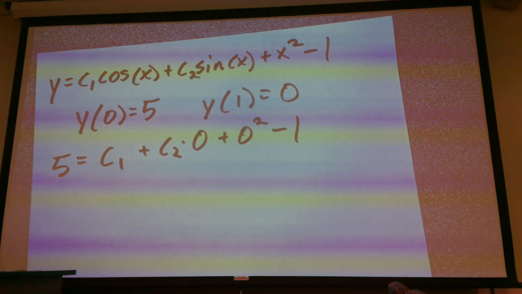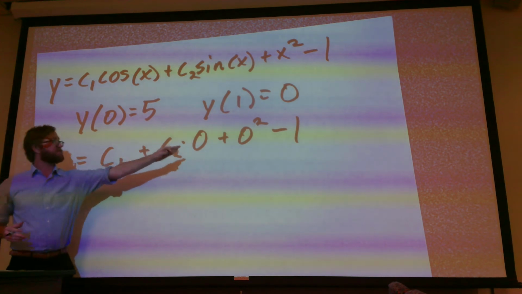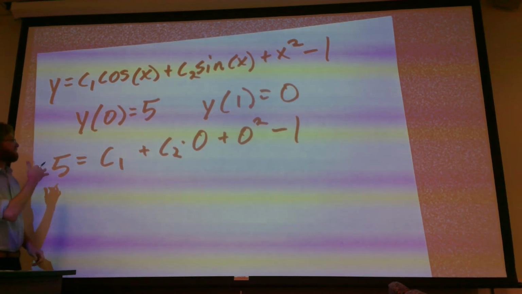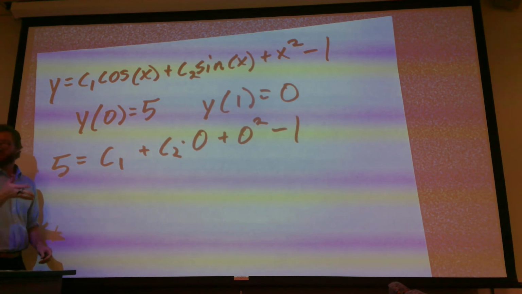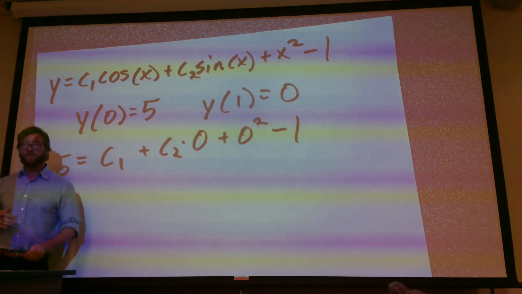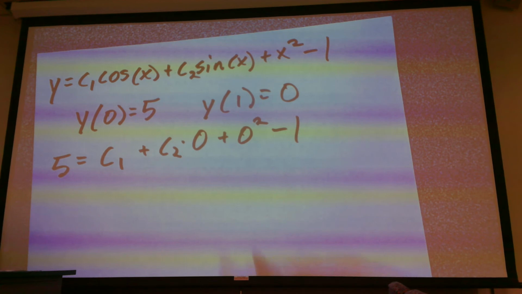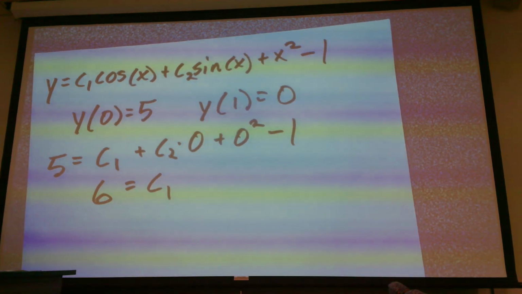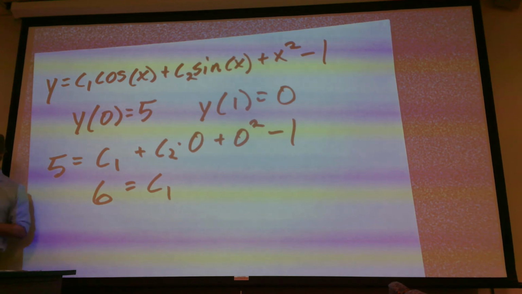This term and that term are going to disappear because they're zeros. And so we end up with 5 equals c1 minus 1. And so if we add 1 to both sides of the problem, it cancels that out, and we get that c1 is supposed to equal 6.